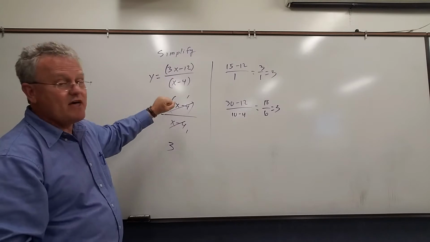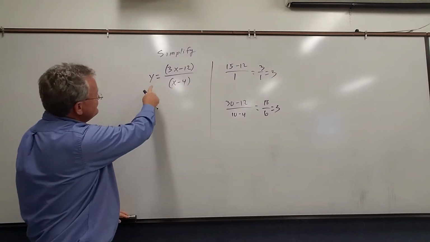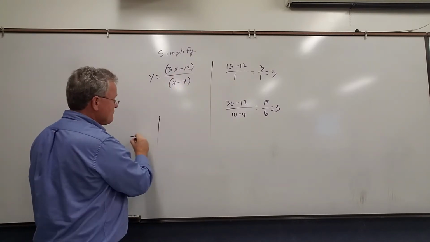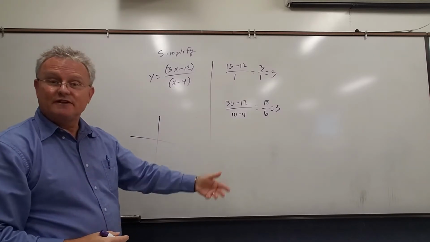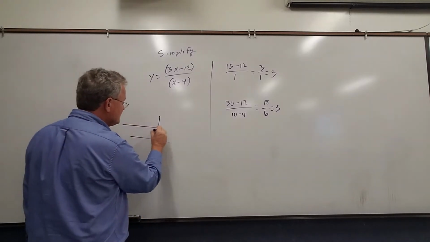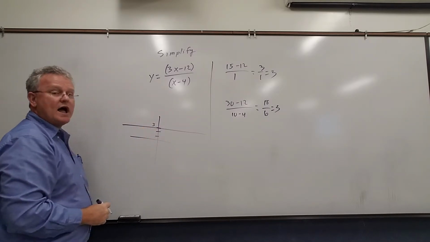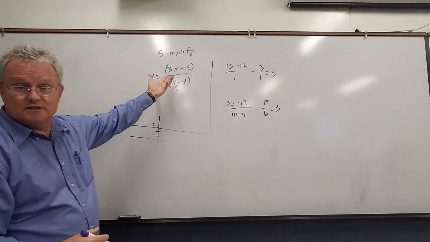So if you type that in and graph it, this simplifies to 3, and the graph of y equals 3, as we studied in our graphing linear equations, is a horizontal line at y equals 3. Yeah, that's what that's going to look like.